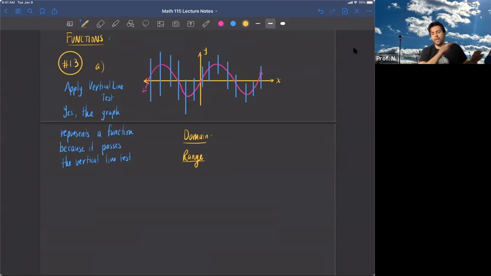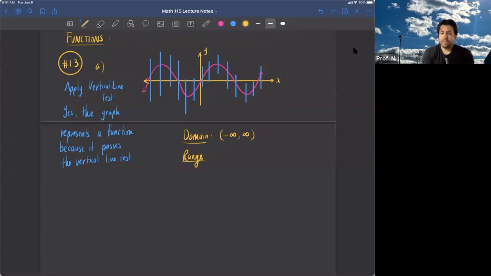So the domain is all the x values, and the x values would be all of what? It's going to be all the way to positive infinity on the right side, and negative infinity on the left side. So the domain would be negative infinity to positive infinity.